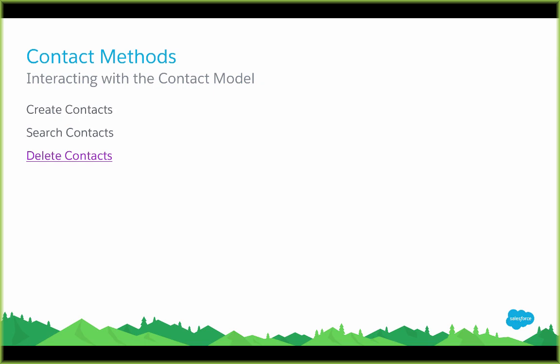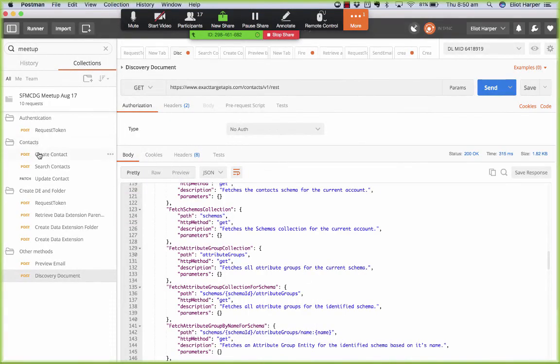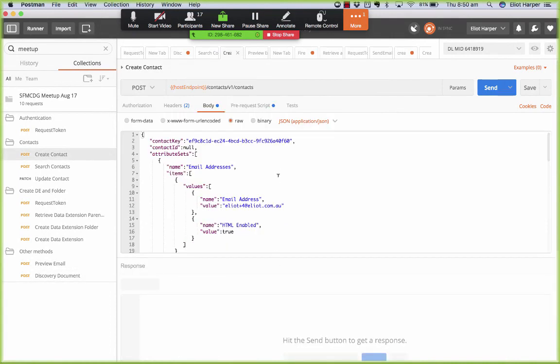So let's take a look at that method in Postman, how to create a contact. And the nice thing about this is that when we create that contact, we can also serialize that contact data into multiple data extensions at the same time.